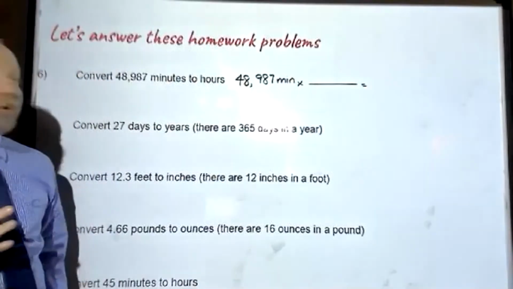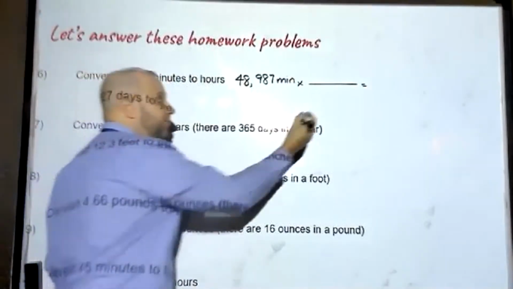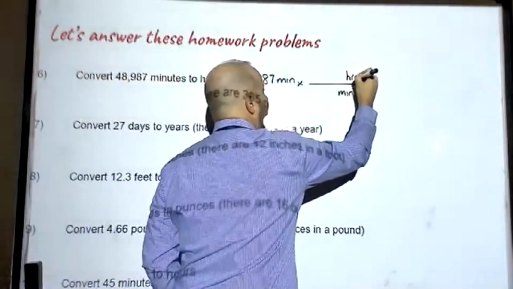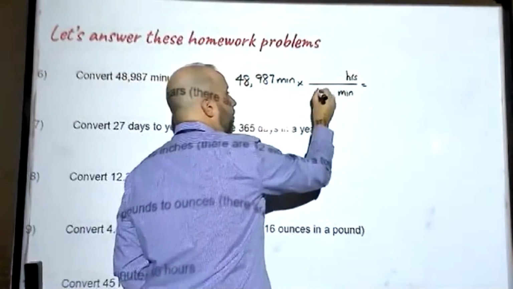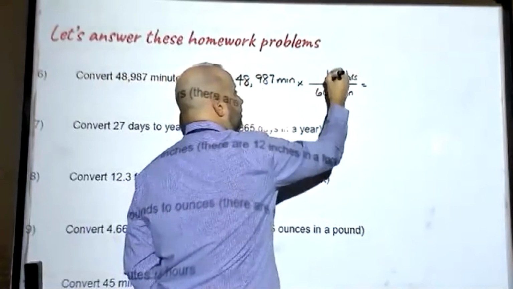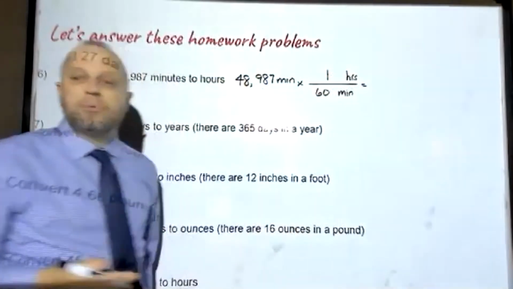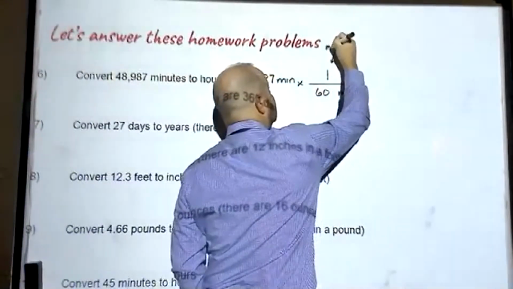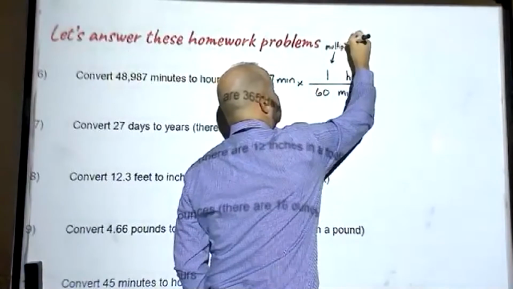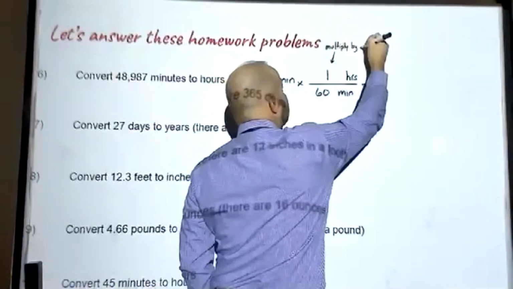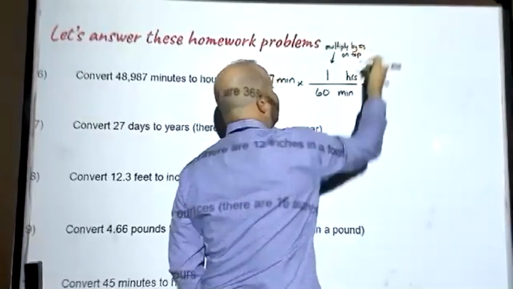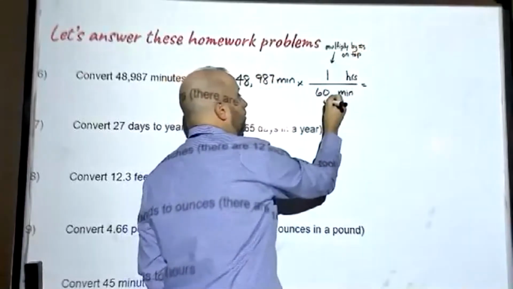The unit that I want to go to is hours, so that's going to go on top. Minutes here, hours up here. There are 60 minutes in 1 hour. Remember that if a unit is on top, you multiply. And for the units that are on the bottom, you're going to divide.